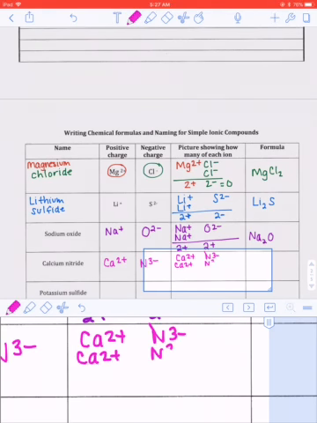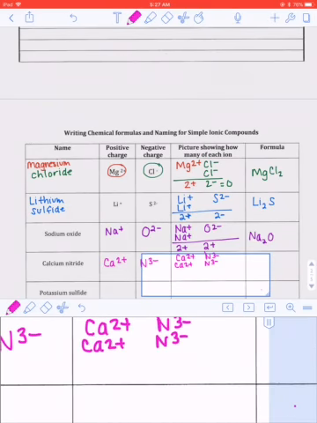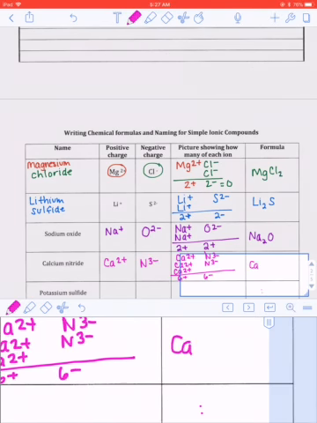Even if I add another one, I still have 2, and then I have 6. If I had another one here, I would have 9, and there's no way I can add factors of 2 to get to 9. But if I add another calcium, miraculously, now I have 6 positives, I have 6 negatives, and my formula is Ca3N2.